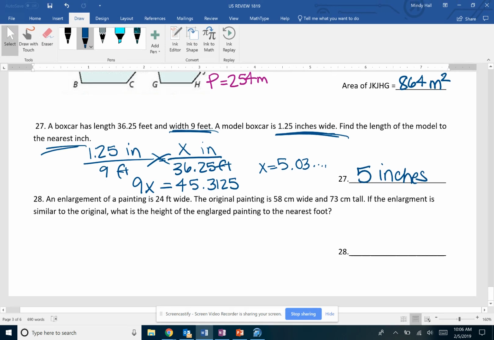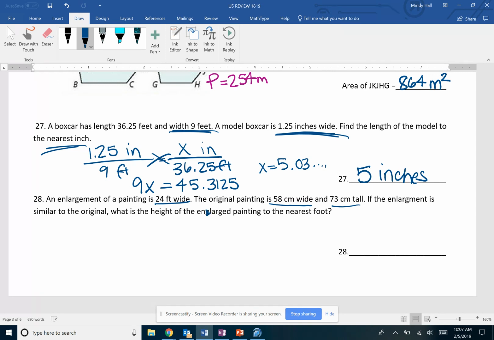So our last one, an enlargement of a painting is 24 feet wide. The original painting is 58 centimeters wide and 73 centimeters tall. If the enlargement is similar to the original, what is the height of the enlarged painting to the nearest foot? And that is a typo.